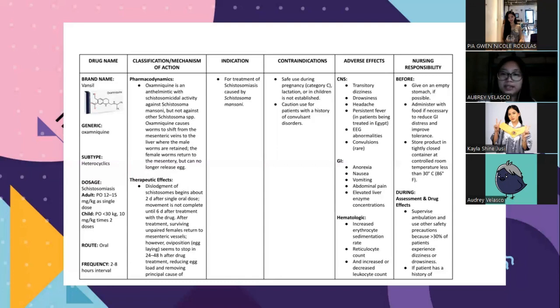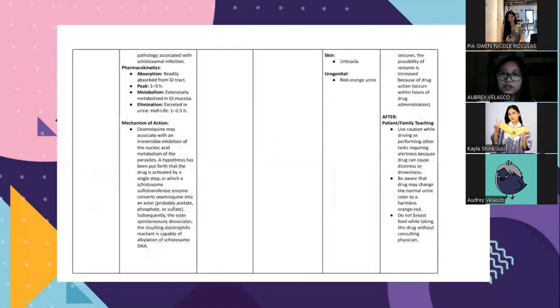Thus, if patients have a history of seizures, the possibility of seizure is increased because the drug actions occur within hours of administration. So if they are violently shaking, we need to take note of it and be careful so that they will not cause harm to themselves. So after patient family teaching, use caution while driving or performing other tasks requiring alertness because the drug can cause dizziness or drowsiness.